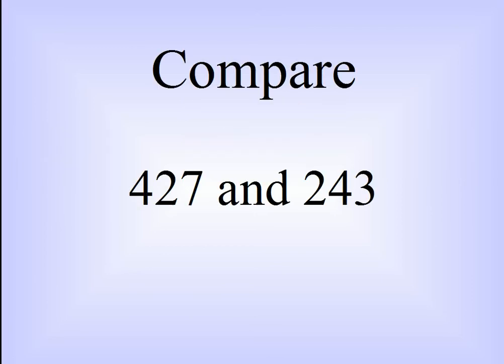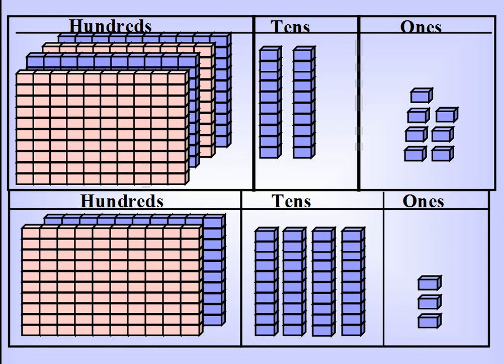All right, now we're going to compare 427 and 243. All right, again, starting with the hundreds, how many hundreds do we have versus hundreds in the other? Well, in the first number we have obviously 400 flats here and 200 flats in the other.